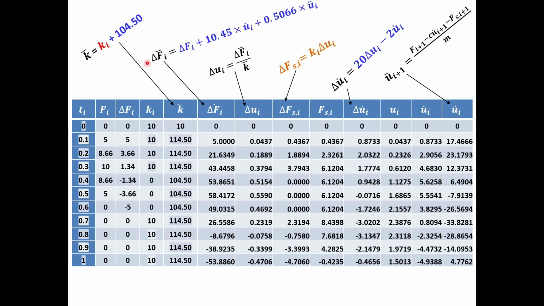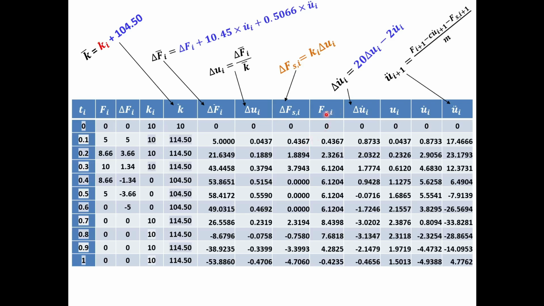So from this expression you can get the delta Fi bar. Calculate, this comes out to be this. Delta u bar from this expression comes out to 0.0437 units. Spring force will be nothing but delta ui multiplied by current stiffness 10. So 10 into this, it comes 0.4367.